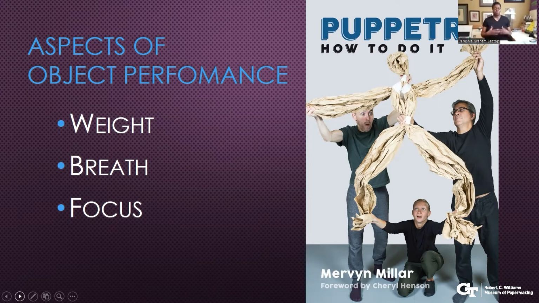The aspect of breath. So we want to bring life to our objects. We want there to be a subtle motion that implies an inhaling and exhaling that our bodies naturally do as we breathe. And as a puppeteer or performer who is creating the motion through these objects, you first want to have your object match your breathing, inhaling and exhaling slowly, right?